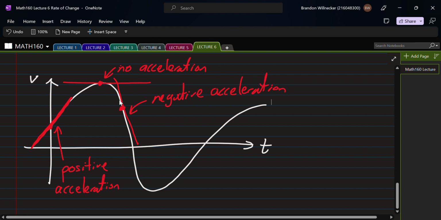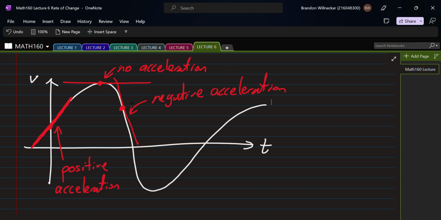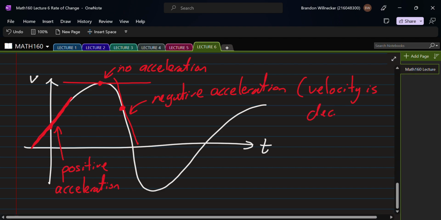So the velocity is still positive because we're in the top portion. Okay, so we're in the positive velocity region. However, the velocity is decreasing. So negative acceleration, velocity is decreasing. Okay, but it's still positive, just decreasing.